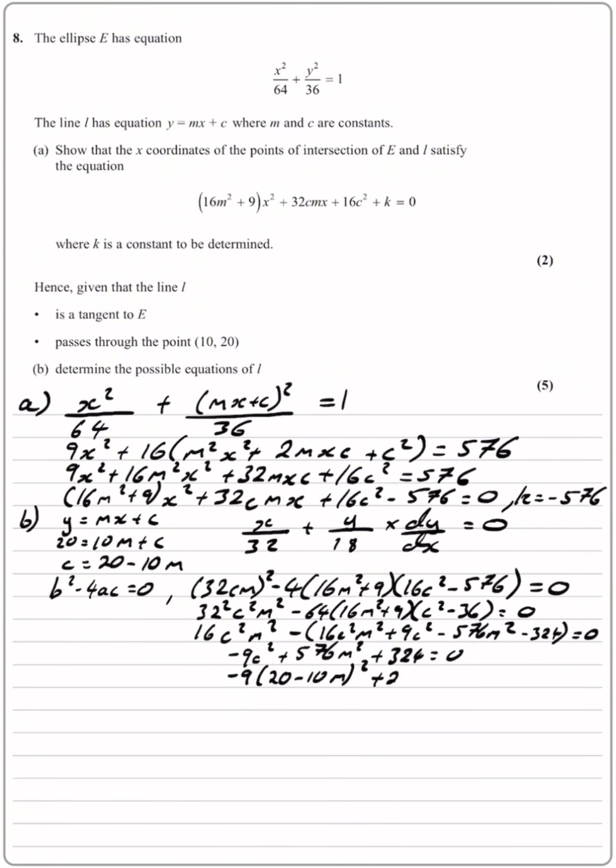I can then use the substitution I calculated earlier from the straight line, swapping c for 20 minus 10m.